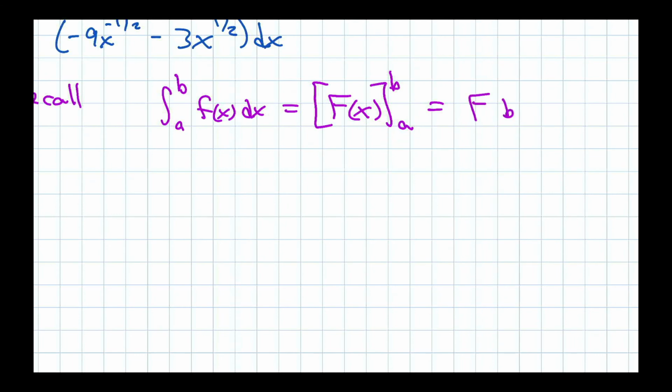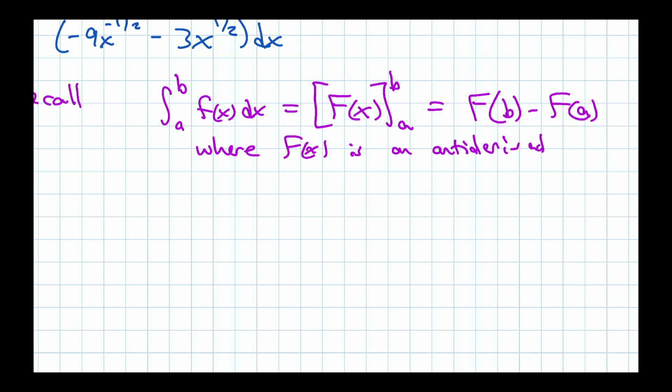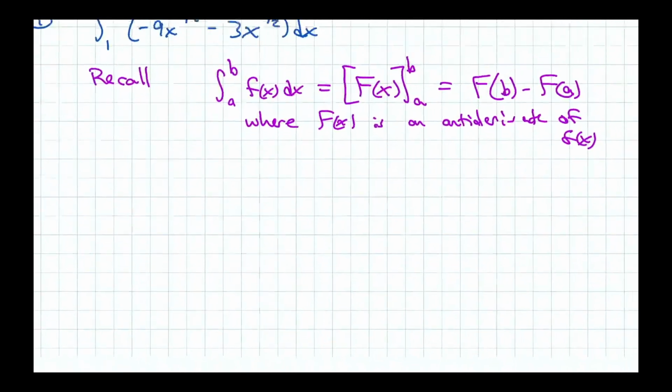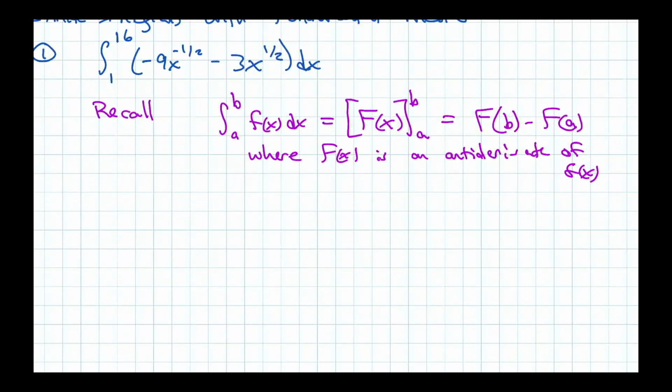It looks like this: F of b minus F of a. The relationship between the lowercase f and the uppercase F is that big F is an antiderivative of little f. That's the fundamental theorem of calculus, one version of it.